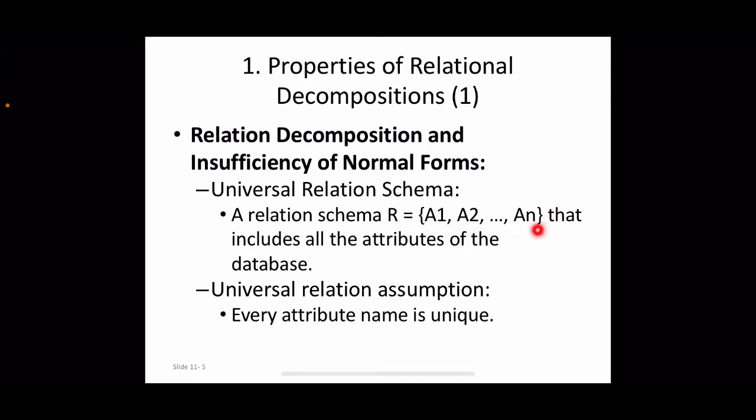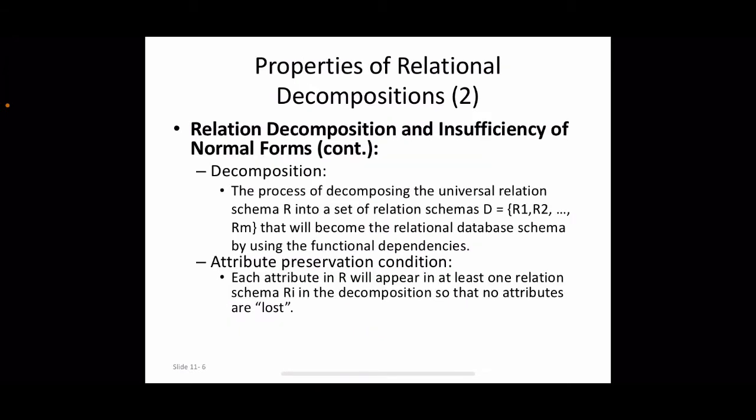And we assume that every attribute name is unique. So decomposition means the process of decomposing the universal relation schema R into a set of relation schemas D as R1, R2, etc. up to Rm.